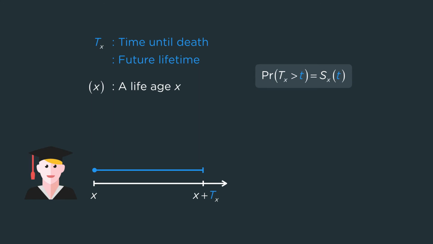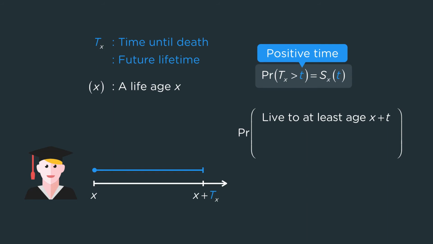Lowercase t is a constant that represents a positive time t. Using generic t, the survival function is the probability that the time to death for a person age x exceeds t. Surviving t years means you do not die in t years. This is also asking what is the probability you live to at least age x plus t.